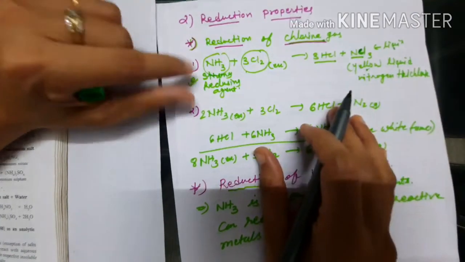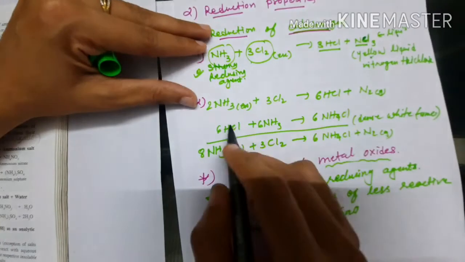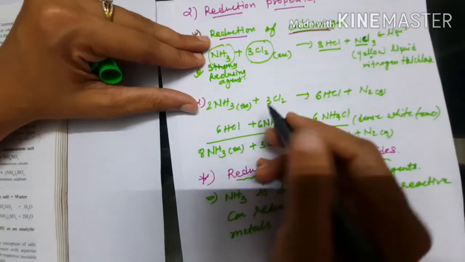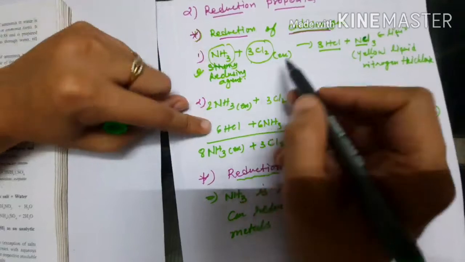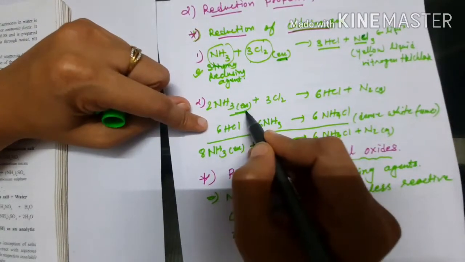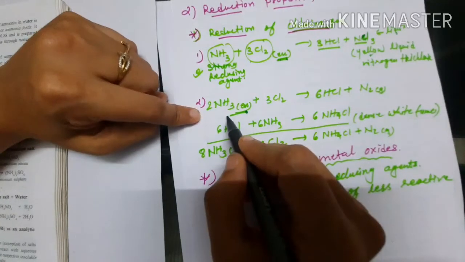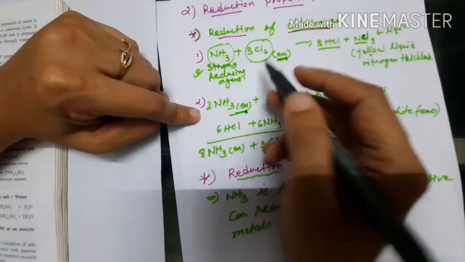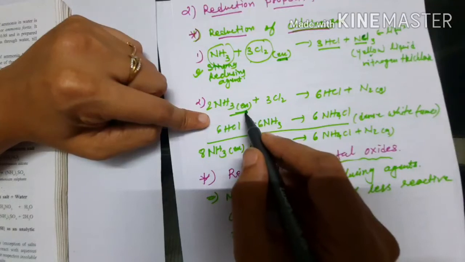Now the second reaction is if we take excess of ammonia and a less amount of chlorine. So if we take excess ammonia gas instead of excess chlorine gas, what product will be formed?